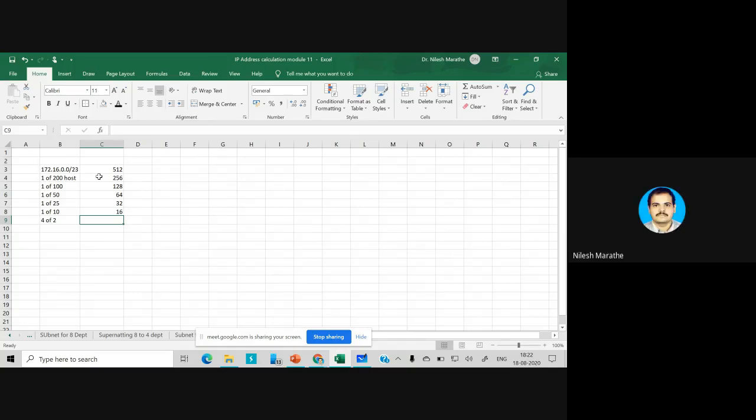That means 4 hosts will be there, right? 2 bits. How many hosts will be there? 4. Using 2 bits, 4 hosts can be there. Yeah, how many number of hosts?